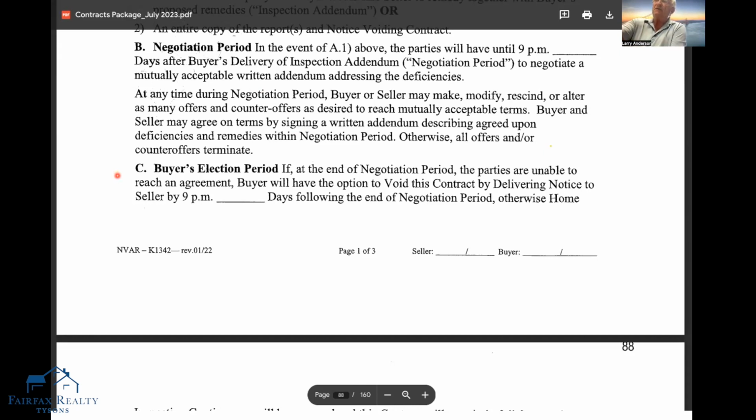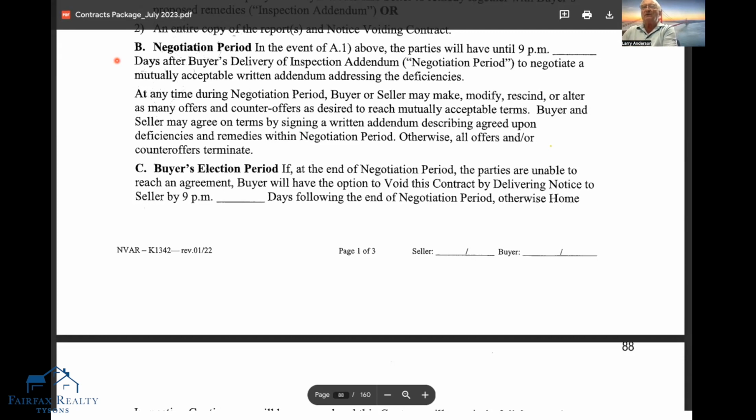So if this date is getting close and you don't have a written addendum and you're still talking, then you need to get a written addendum to this contract to extend this negotiating period. Now, certainly, if everybody agrees to something after that negotiating period and it's in writing and they all go to settlement, then everybody's happy.